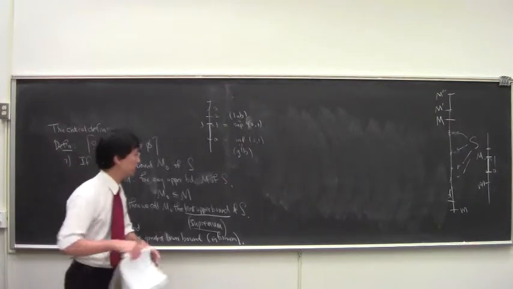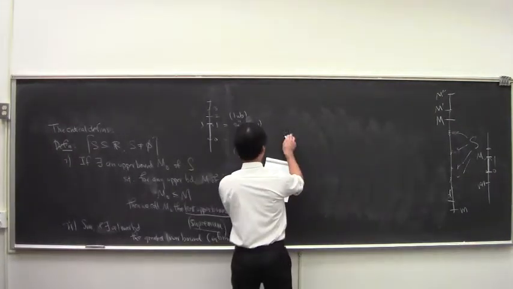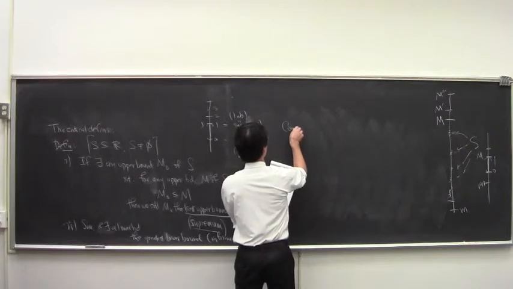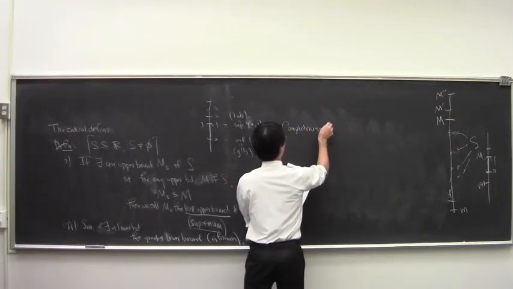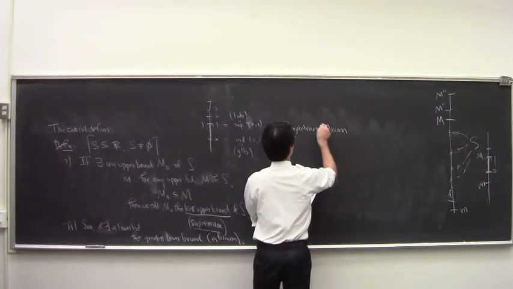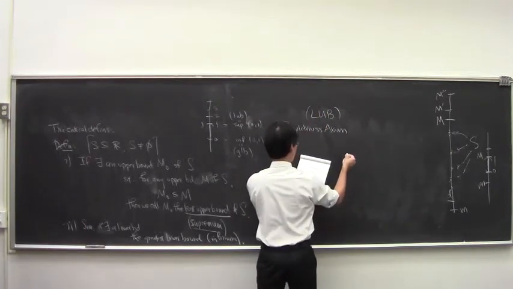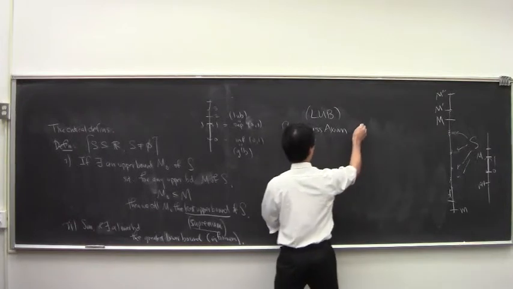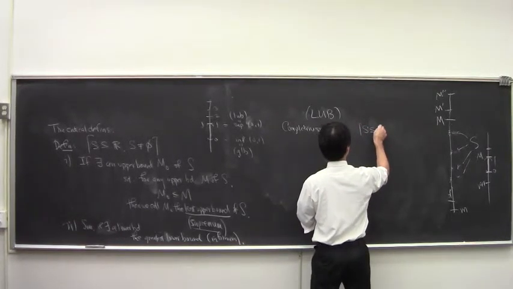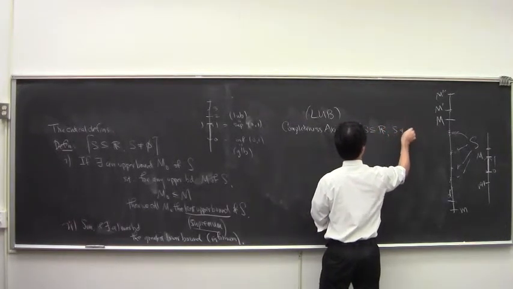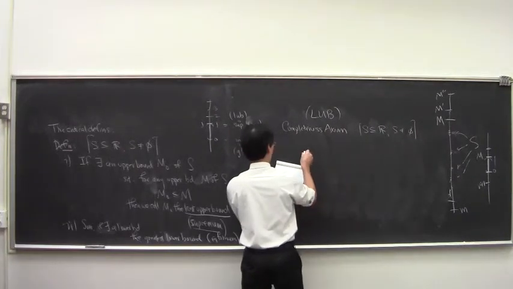And now we come to the main thing, right? Here's the completeness axiom, also called the least upper bound axiom, right? Again, we have a non-empty set S that's in the reals.